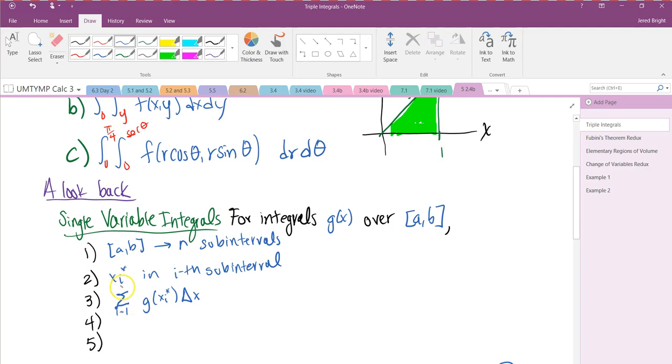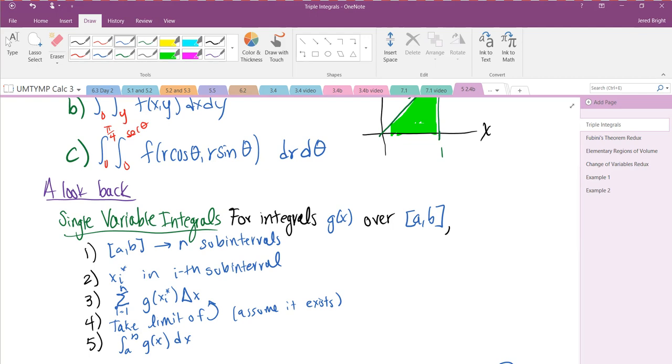So that's the sum from i equals 1 to n of g of x_i star times delta x, and then we took a limit of this, and then we assumed it exists. Okay, and then what we got at the end was the integral from a to b of g of x dx. And so that's your start from Calc 1 that you've heard over and over and over.